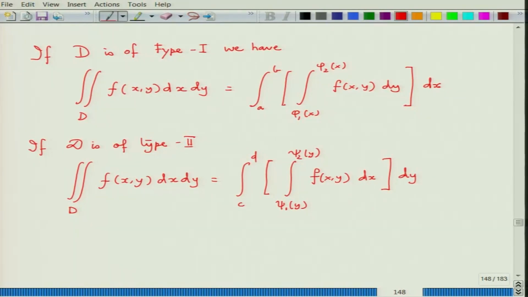Now, if D is of type 3, any method is applicable, and you have to choose the way which is easier.